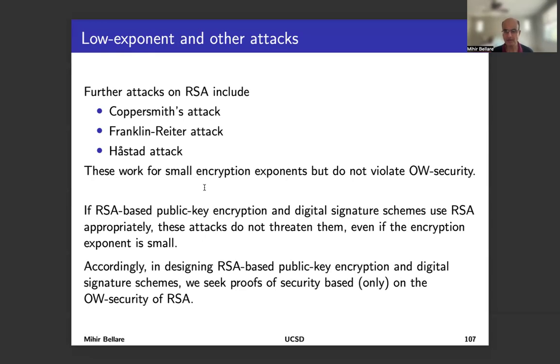However, they don't violate what we've defined to be one-way security. They kind of do other kinds of damage. And eventually, when we build things on RSA like public key encryption and signatures, we rely only on this one-wayness security. Due to that, even small encryption exponents will actually be fine.